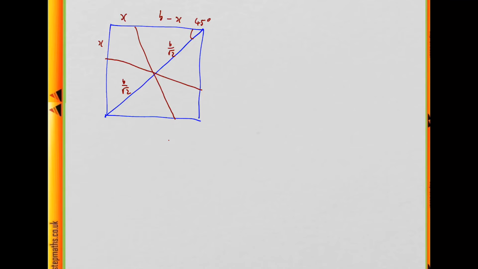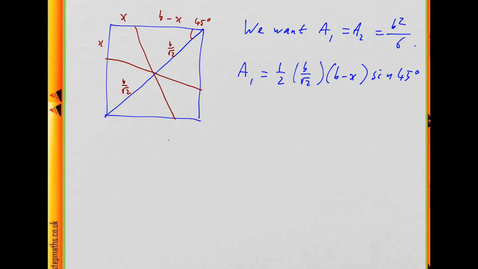So we might think, well, it's not going to be enough because I need to know the area of this as well and set it equal to that. And the main thing to remember is if all these 6 areas are equal, each of them is equal to 1/6 of the total area of the square. So if I call this A1 and this A2, we want the 2 areas to be equal and to be equal to b squared over 6 because the area of the square is b squared.